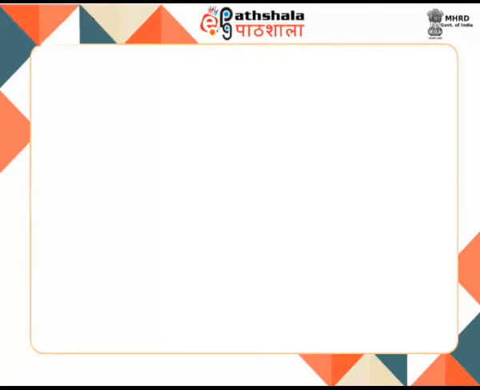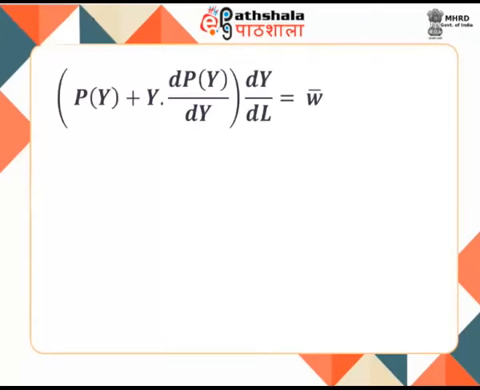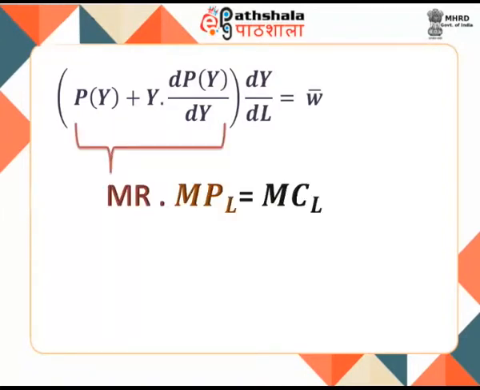From the equation (Py + y · dPy/dy) · dy/dL = w̄, we can derive marginal revenue times marginal product of labor equal to w̄, where Py + y · dPy/dy is marginal revenue, dy/dL is marginal product of labor and w̄ is marginal cost of labor.